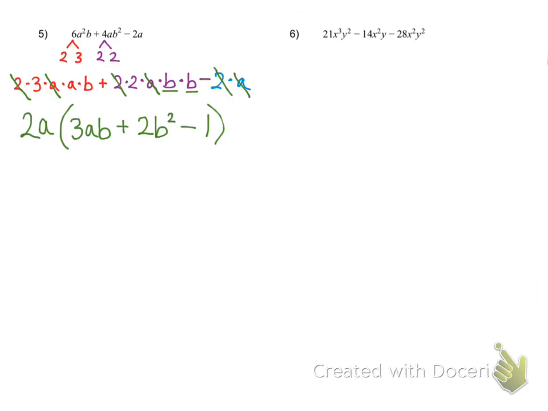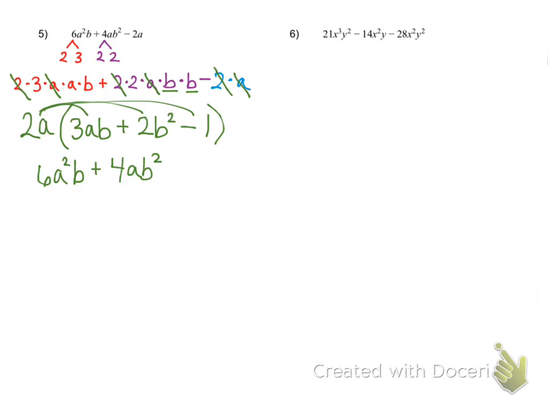If we were to go ahead and distribute this, let's see what happens. So if we do 2A times 3AB, we would get 6A squared B. 2A times 2B squared would be 4AB squared.